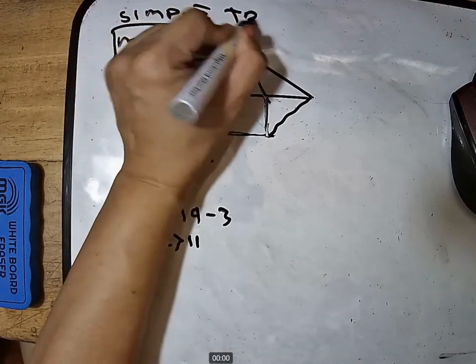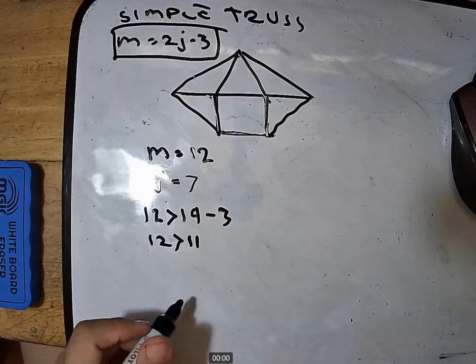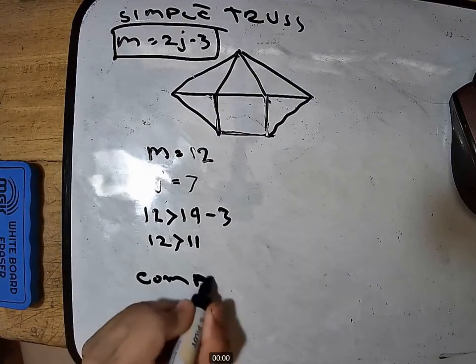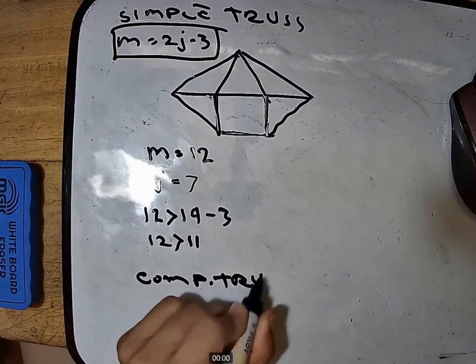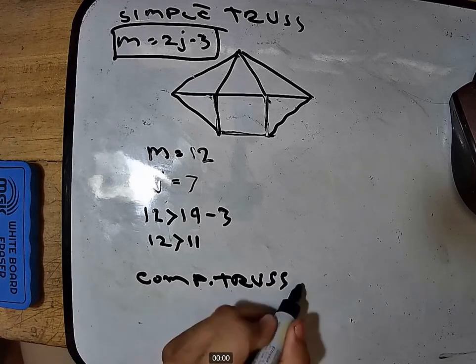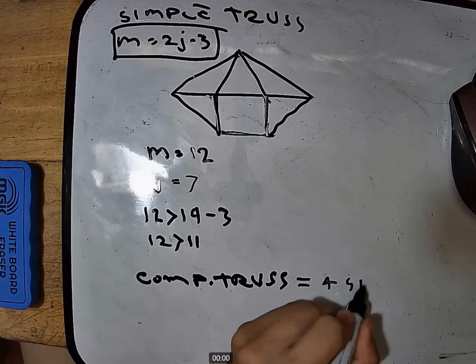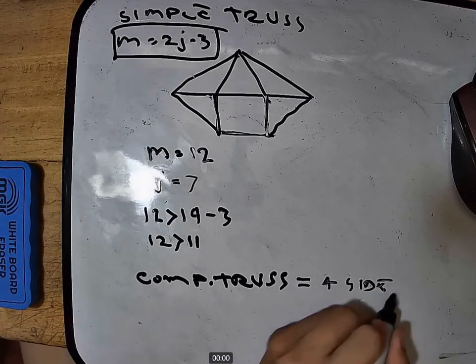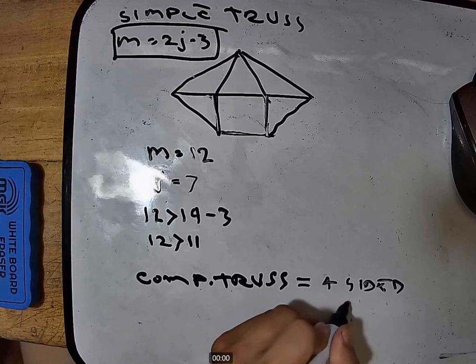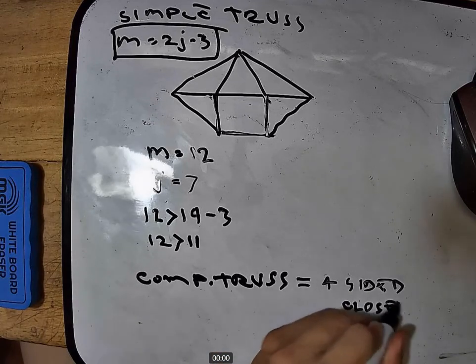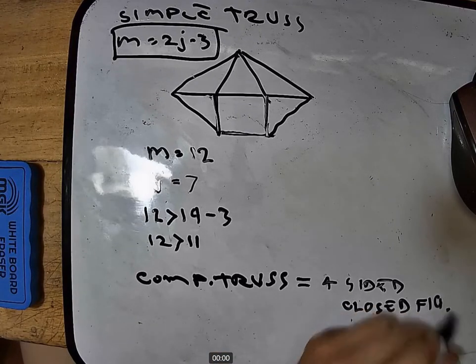Okay? So this is now a compound truss. Why? Kasi meron na siyang 4-sided closed figure sa loob.